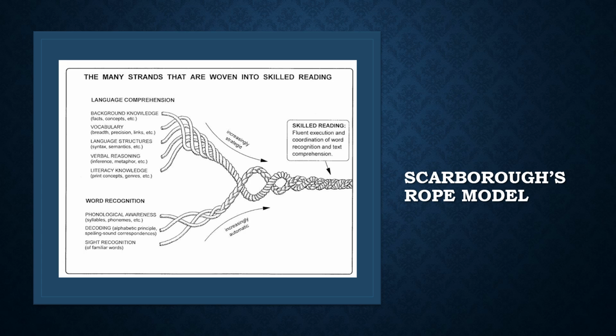The language comprehension strand requires readers to become increasingly strategic in their comprehension. It goes beyond those word recognition and asks readers to understand what the words are trying to say. So this is where your background knowledge, vocabulary development, verbal reasoning, your inferences, your metaphors, and literacy knowledge of genres, text parts are used to build comprehension.